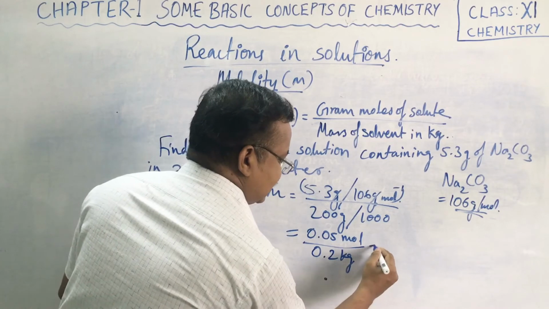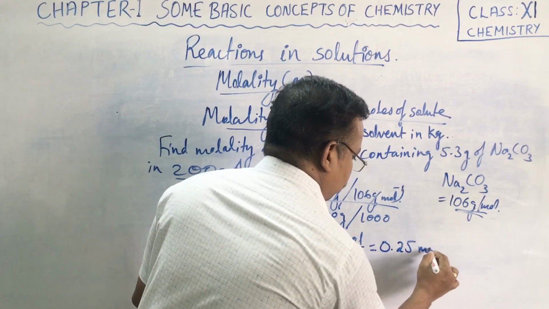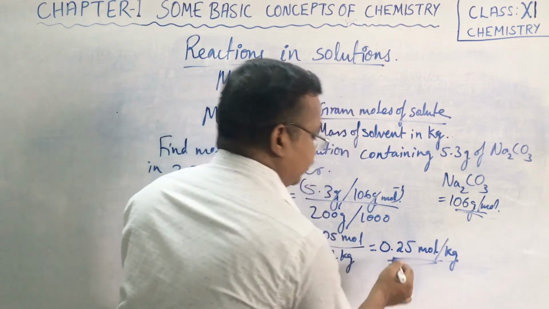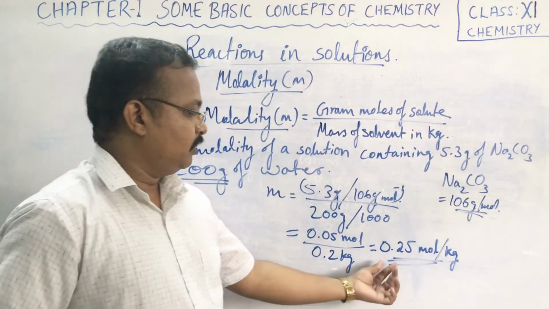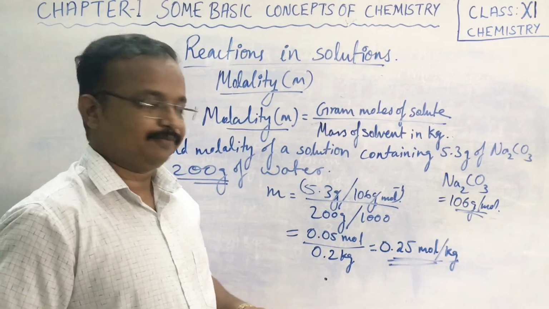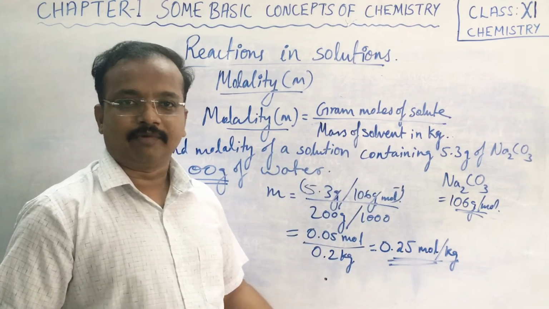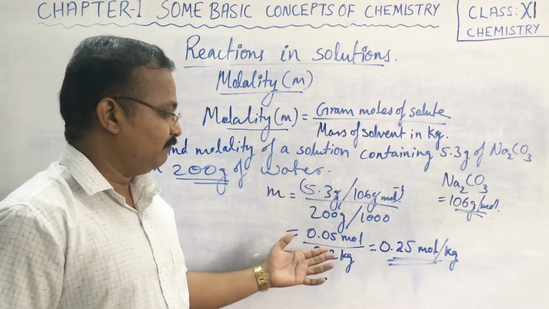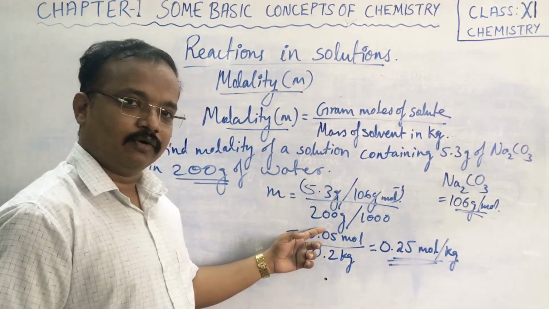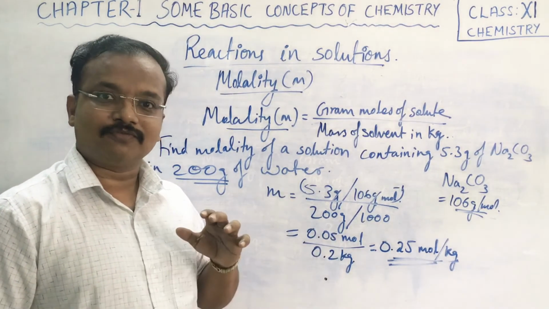That is equal to 0.25 mole per kg, or you can write a small letter m to represent this. This is the molality we have calculated for this question. It can be any substance, but one thing to remember is that we take the mass of solvent only, not the mass of solution. No need to find the total. You only put the mass of solvent.